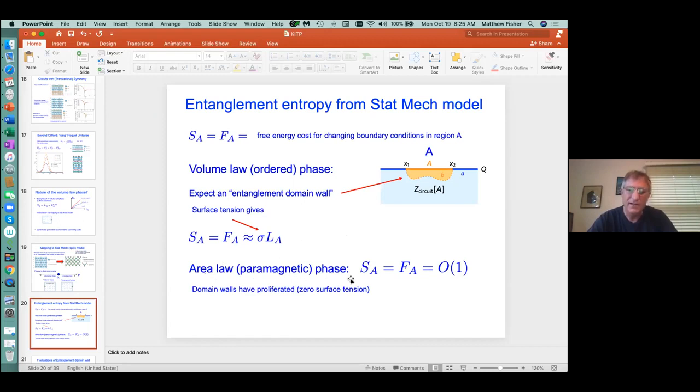The area law phase, on the other hand, corresponds to the paramagnetic phase, where the entanglement entropy and the free energy are of order 1, and that's because basically the spins in this effective spin model have completely disordered and the domain walls have proliferated.